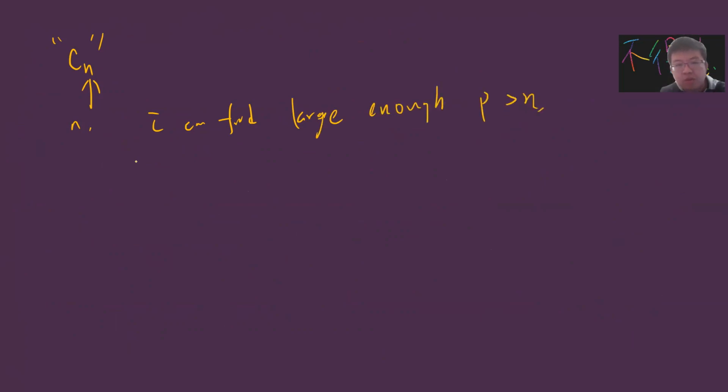Suppose you find some algebraic equation which has some particular n, then I can find some prime p which is larger than n. So I can find a large enough p greater than n, right? And the lemma works. So the theorem works.